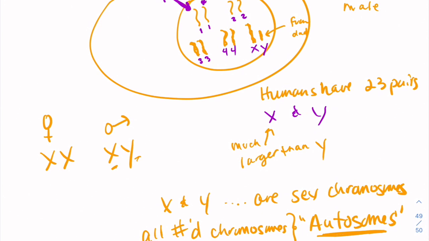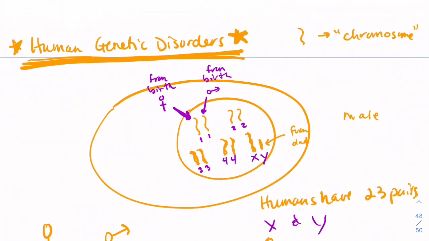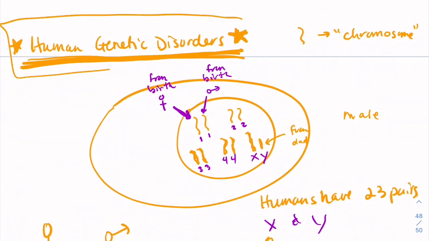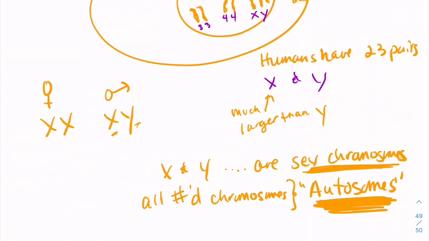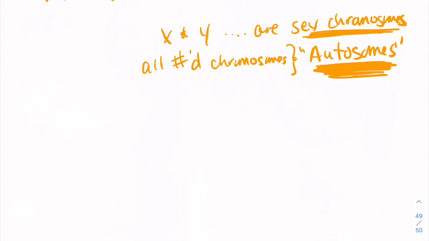And human genetic disorders are inherited differently depending on whether or not the gene that we're talking about is on an autosome or on a sex chromosome. All right, so that's the background for human genetic disorders. That gave us a little bit more vocabulary there. There are different types of human genetic disorders.